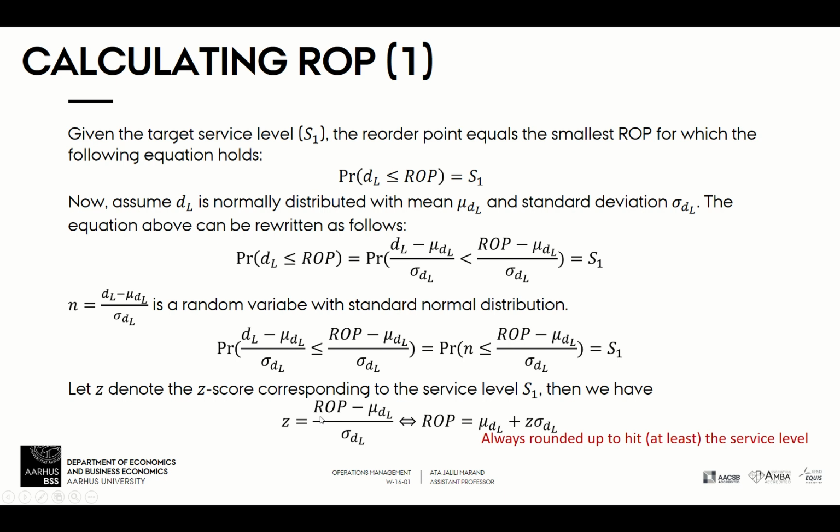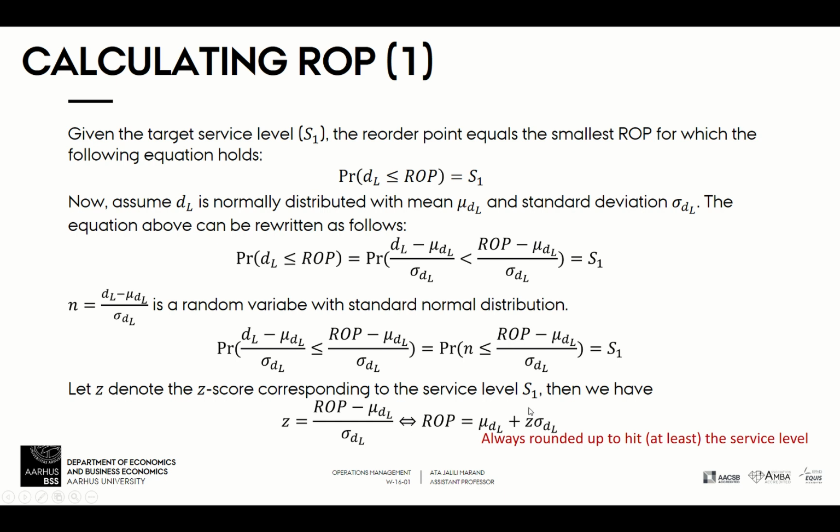In order to find this ROP, which is the only unknown in this equation, we need to solve this equation for ROP, which will give us ROP equal to mu DL, the average demand during lead time, plus Z, which is the Z-score corresponding to the service level S1, multiplied by the standard deviation of demand during lead time.